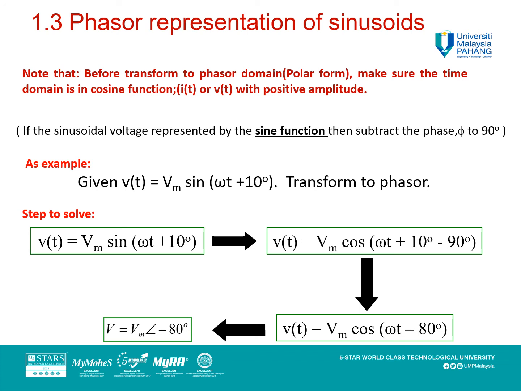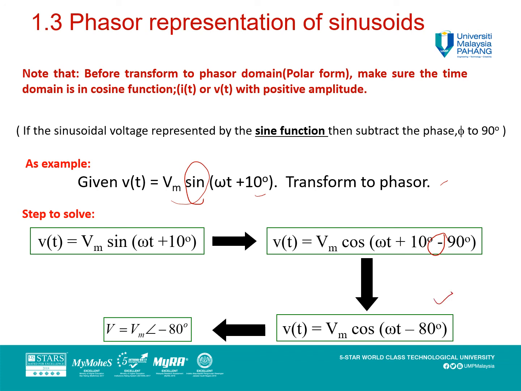For example, when you have a sine function, such as v(t) equals Vm sin(omega t plus 10 degrees), when you want to transform to phasor, make sure you first convert this sine function into cos. How to convert? You must subtract 90 degrees from the phase angle. When you do the subtraction, you get minus 80 degrees.